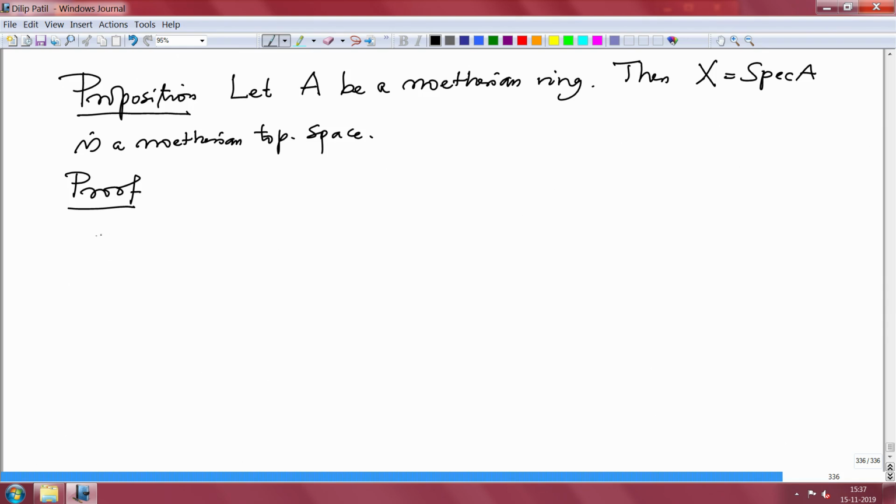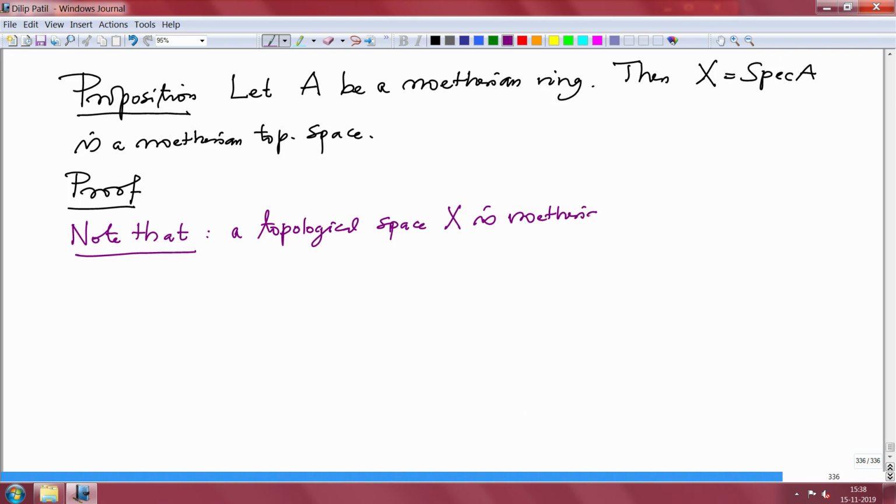Also one more property which I want to use in this proof is the following. Note that this is very easy to check. A topological space X is Noetherian if and only if every open subset of X is quasi compact.